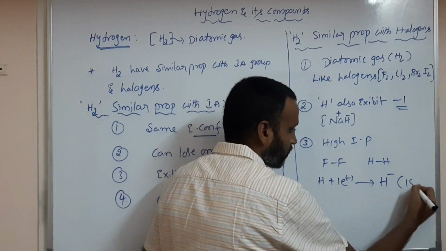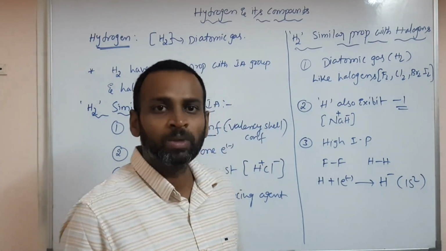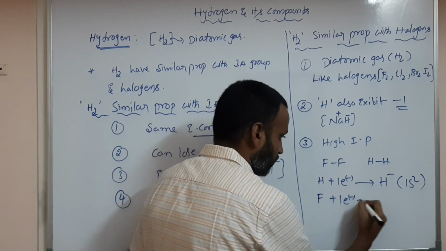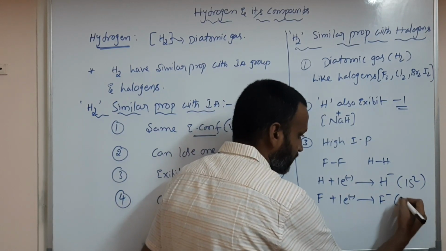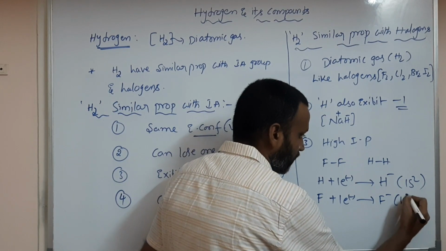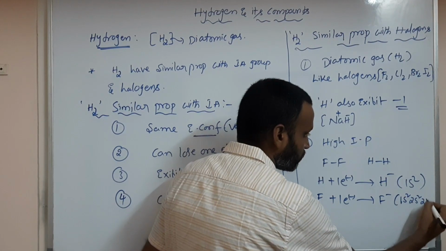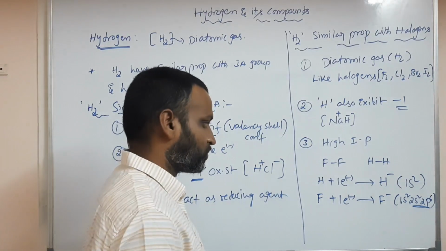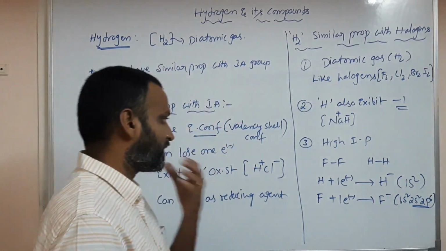H minus means 1s2, noble gas configuration, like fluorine takes one electron and converts to F minus, 1s2 2s2 2p6, which is noble gas configuration. So this is very important.